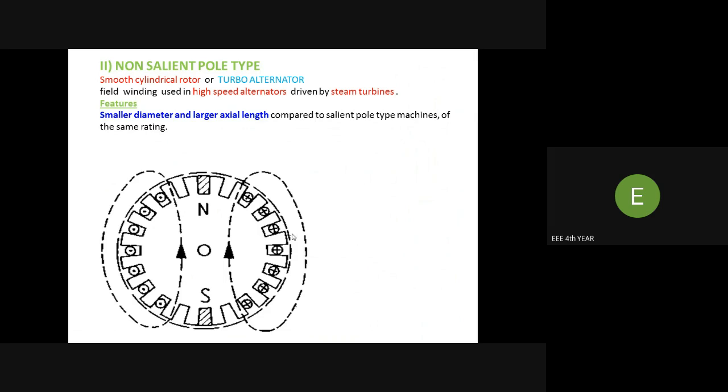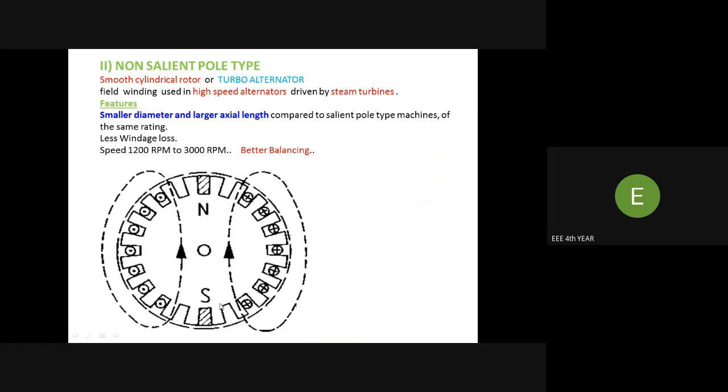Here a number of slots are provided on the outside of the iron core. The diagram indicates only two poles, north and south. This type of construction produces less windage losses.